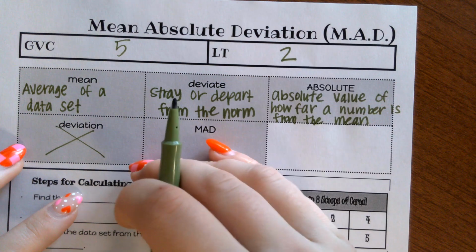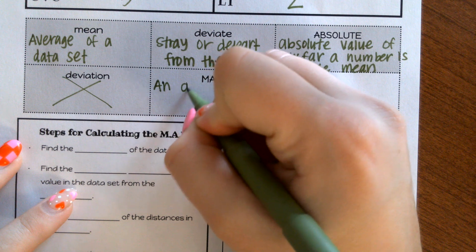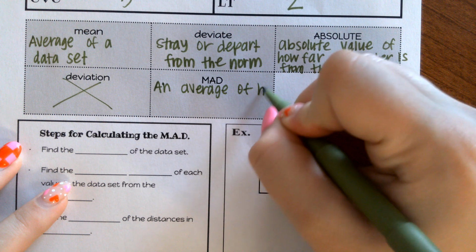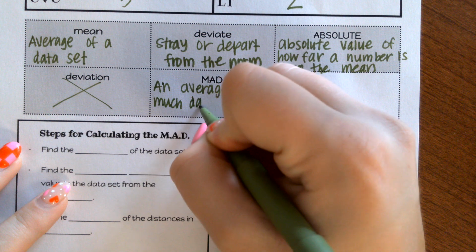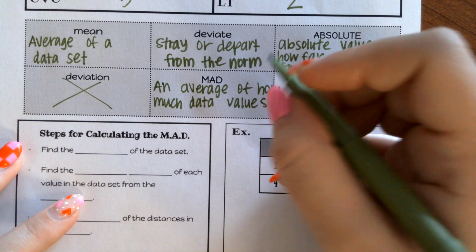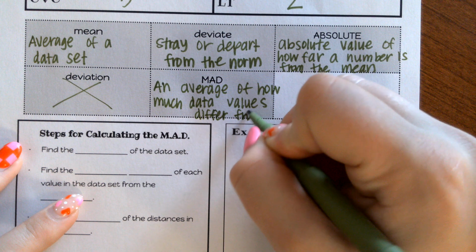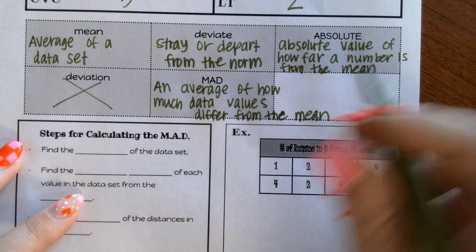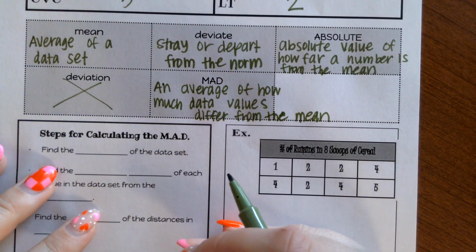Putting this all together, it means that you're going to find an average of how much data values differ from the mean. So what's the difference from the values of the data set to the mean, or the average?